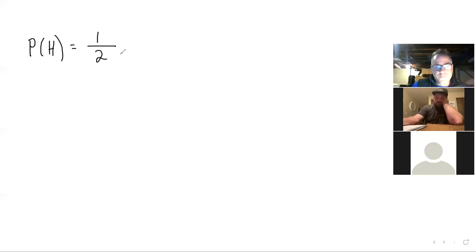If I flip a coin, two possible outcomes, heads or tails. And so I can express it as a fraction. Of course, I could put that in decimal form, which would be 0.5. As a percentage, that's 50%. About a 50% chance, right?